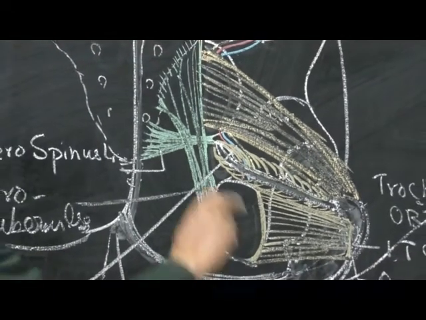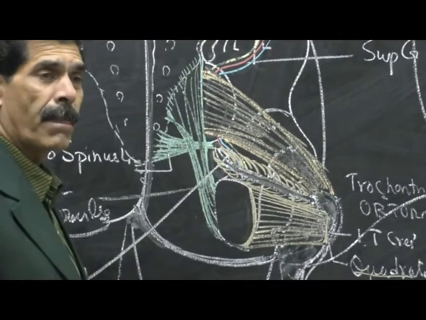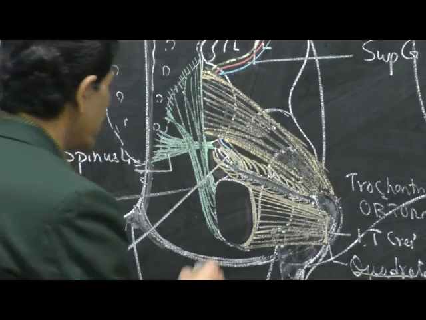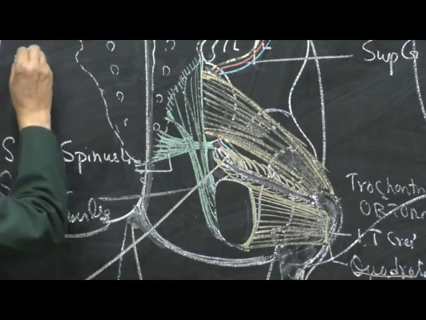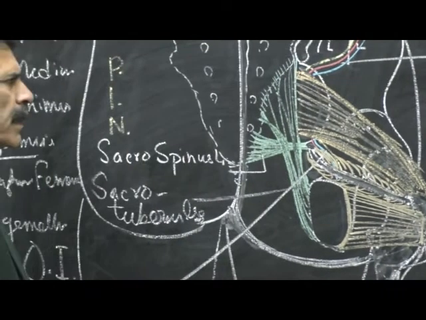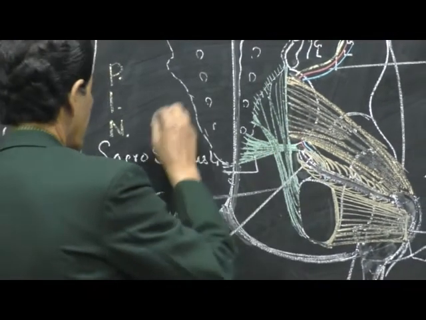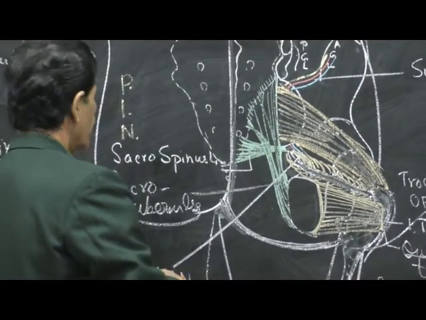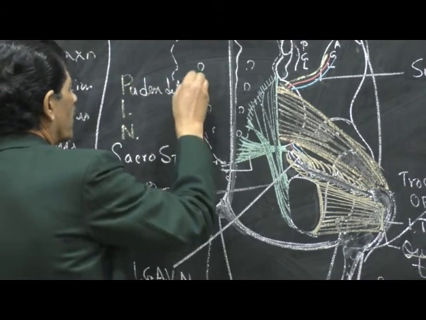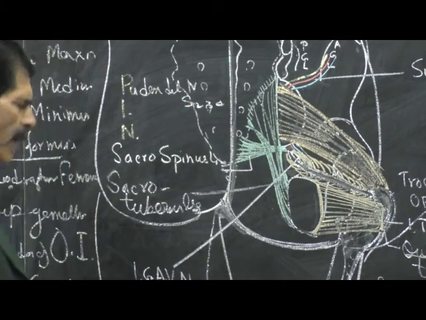Then, I am touching the dorsal surface of the ischial spine. This dorsal surface of the ischial spine is related to a very important relationship that is called PIN relation. You have to remember PIN relation. From medial to lateral, P stands for pudendal nerve, with root value S2, S3, S4. It's a somatic nerve.